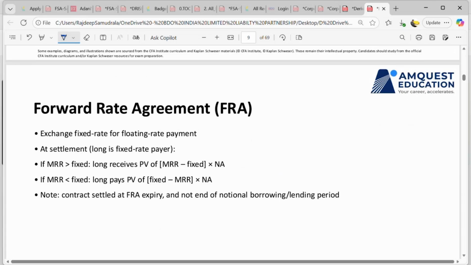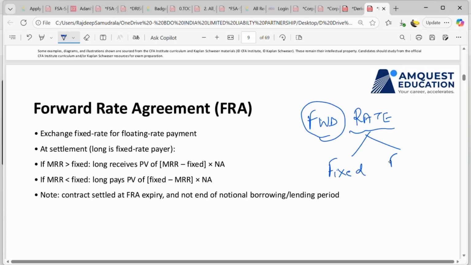Okay, forward rate agreement. Now, what's a forward rate agreement? FRA is basically an agreement where I'm agreeing to a rate at a future position, and it's a forward contract. That means I have an obligation. Now, when it comes to rate, remember, a rate can either be fixed or floating.